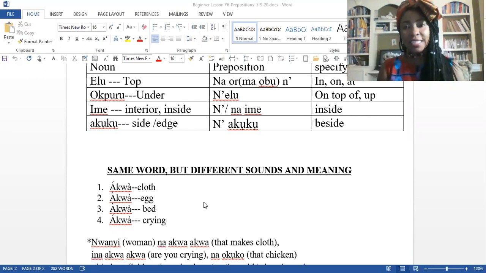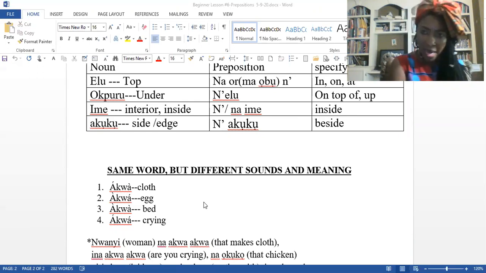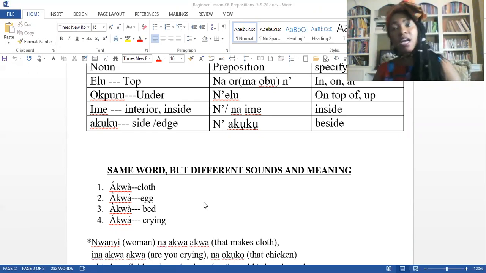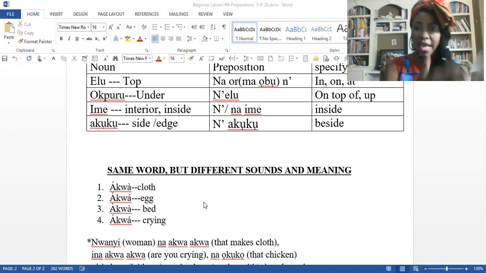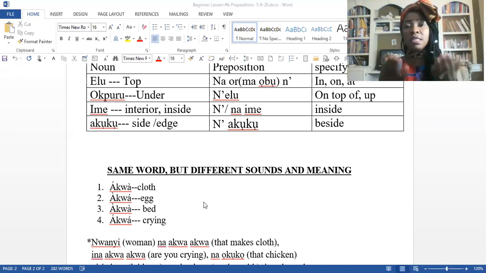And don't forget in this class, before you say something, introduce yourself. Say your name. Aha m bụ Ijeoma, or you can say, Ijeoma na-ekwu. So these are two ways you can introduce yourself. Just say your name. And then we have to start using some words we already did in this class, like yes, and no means mba.